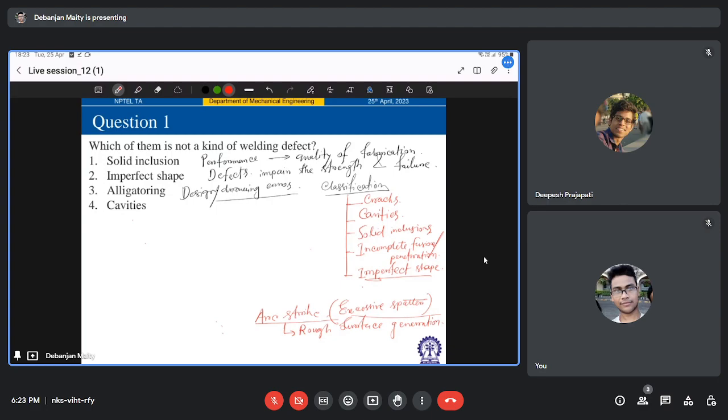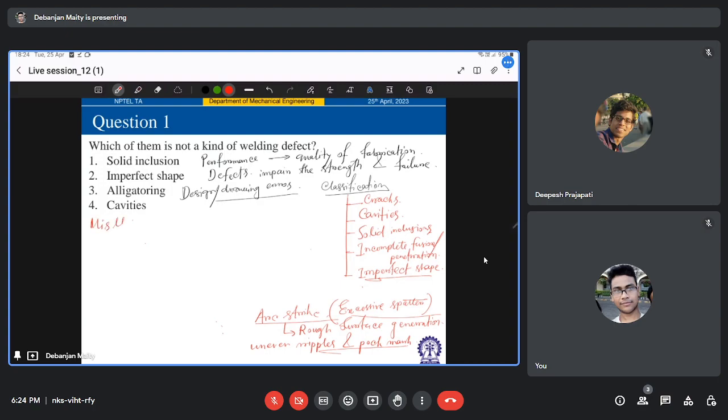And you can have some uneven ripples and something called pock mark over your welding structure, right? And these defects which are coming can come under some miscellaneous kind of defects, right?